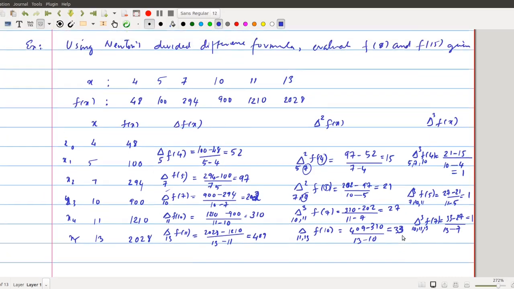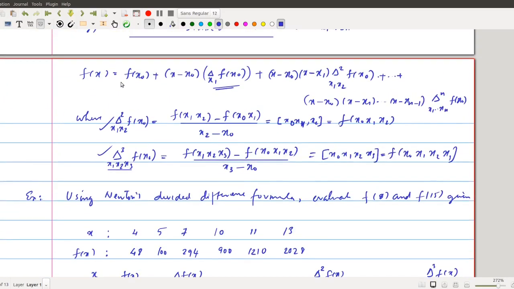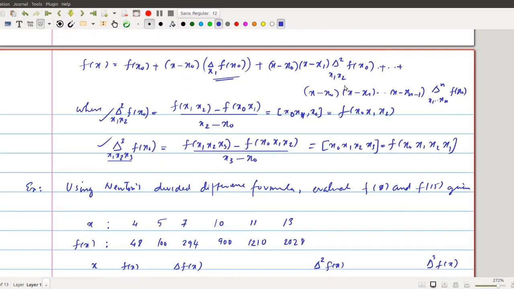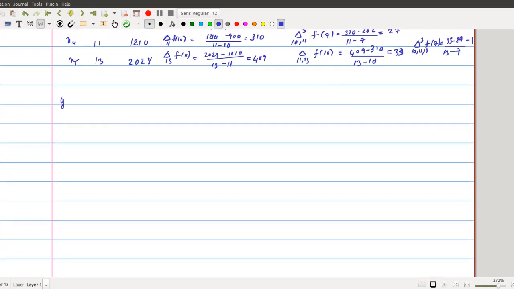Using these table values, we evaluate this formula. The formula is given here: f of x equals f of x0 plus x minus x0 into this, plus etc. We need to find the value of f at x equal to 8.